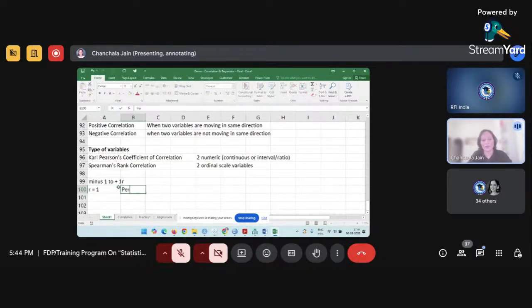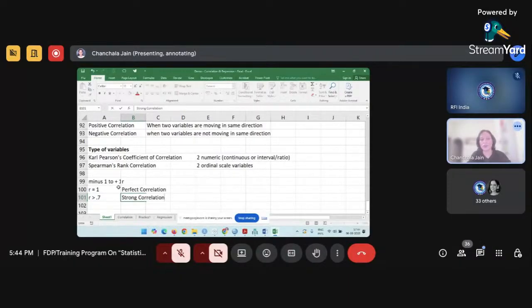So it is perfect correlation, right? Perfect positive or perfect negative. When r is greater than 0.7, it is strong correlation, right?